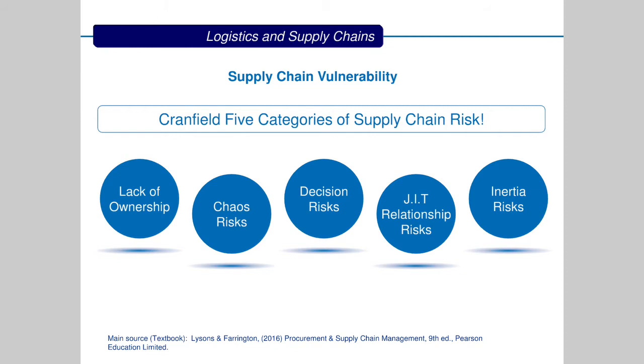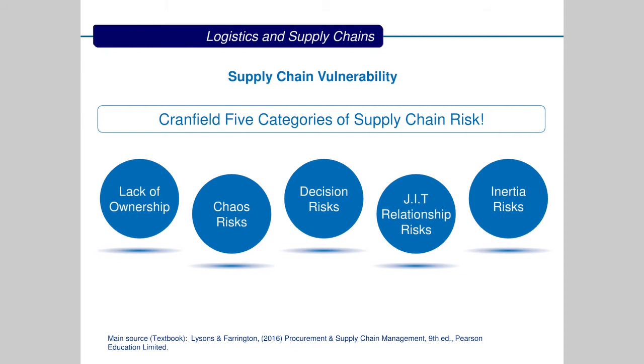Those organizations which follow just in time are in very close relationship with their suppliers. So that type of risk is always there when one organization depends on another supplier and is not holding enough inventory for production of its goods, then there are different types of risk involved.